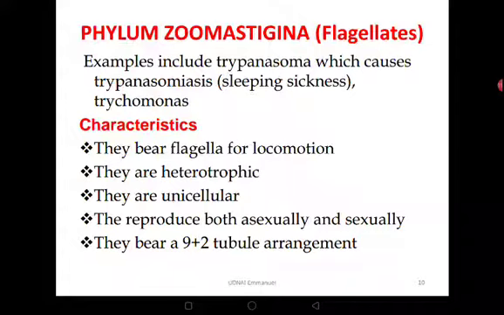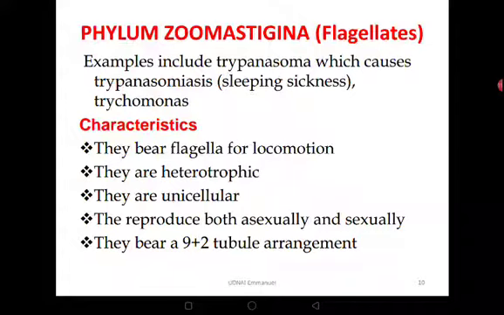They are flagellated. So examples include trypanosoma, which causes, of course, trypanosomiasis or sleeping sickness. Then we have trichomonas, that causes trichomonas vaginalis, that causes foul smell in the vaginal cavity or the vaginal area of the female humans.